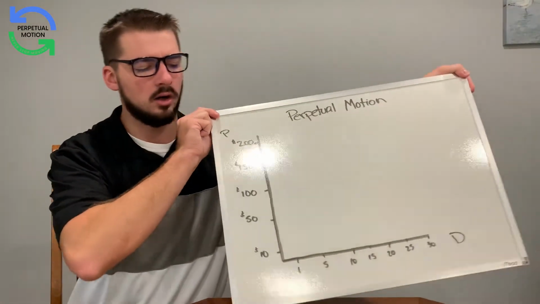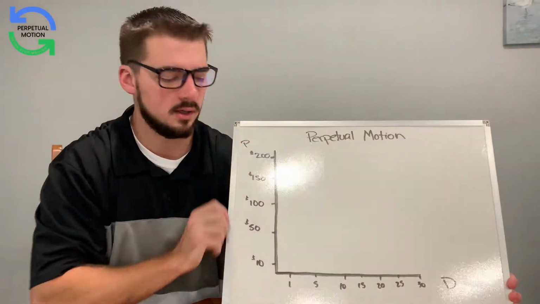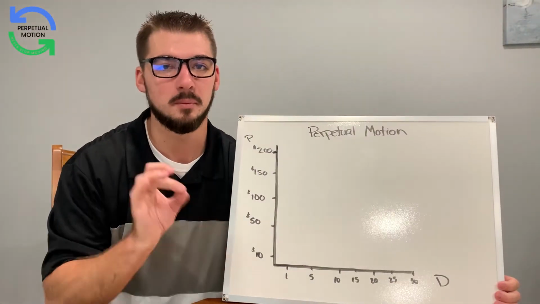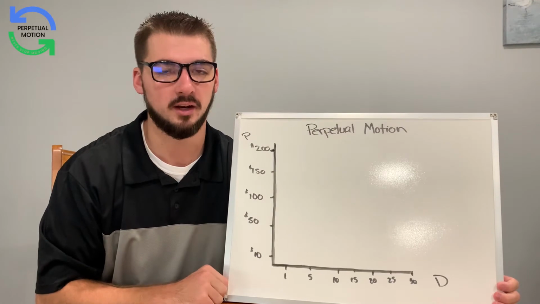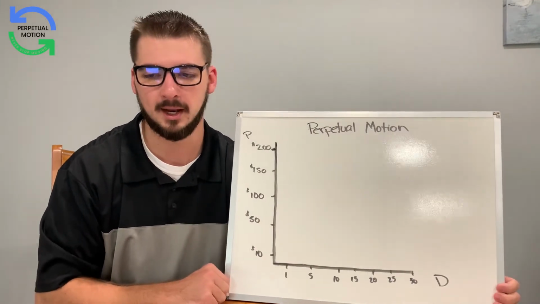So first of all, in order to understand this, we need to talk about what supply and demand is and give a basic breakdown, maybe a refresher for those of you that haven't taken econ in a few years and understand the basics, but want to see it on a graph. So in order to do that, we are going to grab the whiteboard. This is the first time the whiteboard has made an appearance on this channel. So a little milestone for us today.